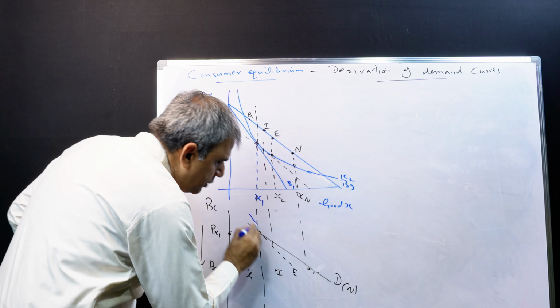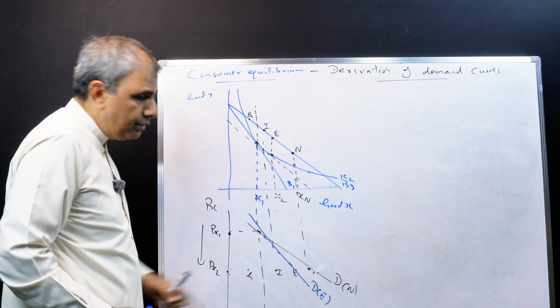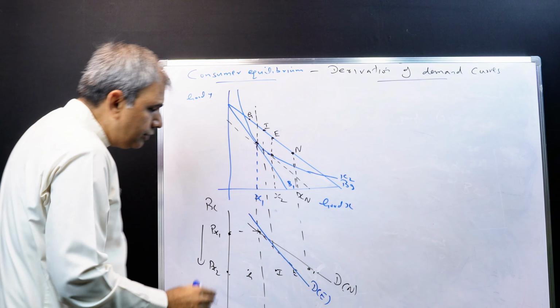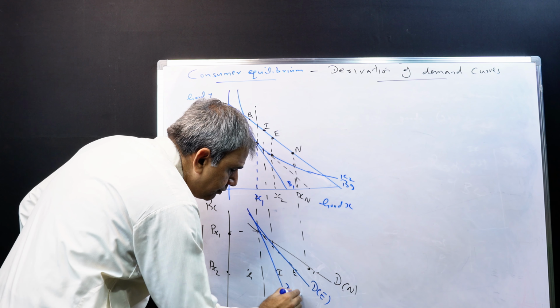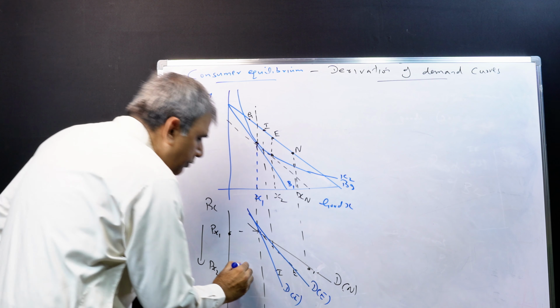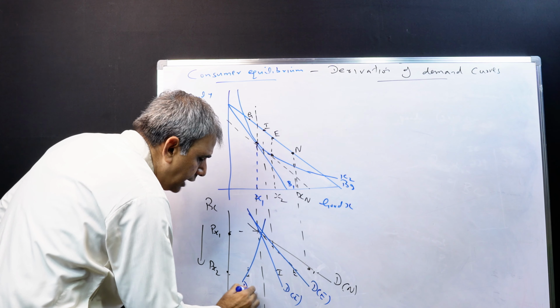Demand curve for essential goods is steeper compared to the demand curve for normal goods. Demand curve for inferior goods is even steeper, whereas the demand curve for Giffen goods is upward rising.